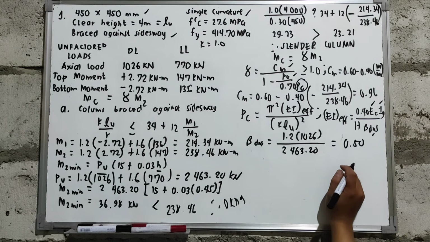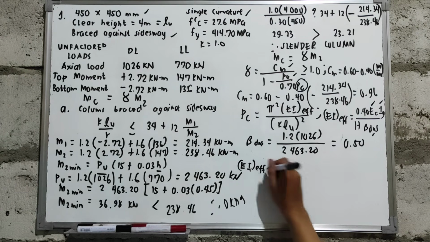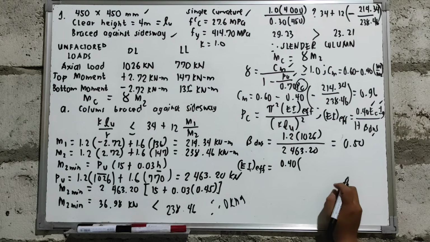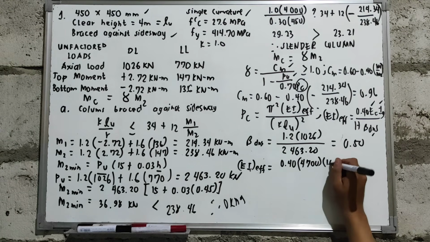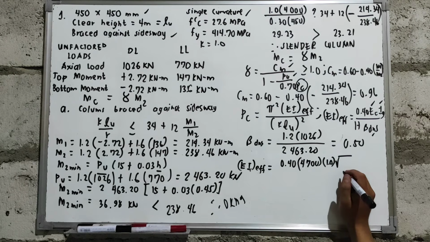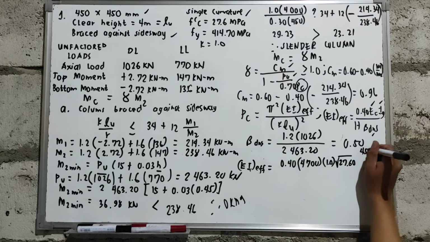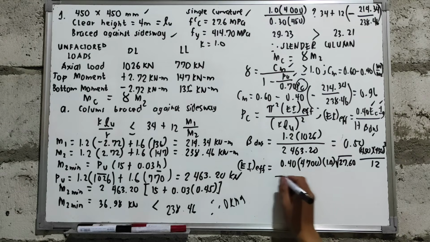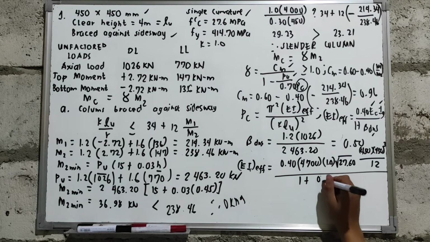So kung meron tayong value ng creep factor, we can now calculate for the value of your flexural rigidity effective, which is equal to 0.4. Yung modulus of elasticity ng concrete natin, which is equal to 4,700 multiplied by the square root of f prime c natin na 27.16 multiplied by yung gross inertia natin, so that is BH cubed over 12 over 1 plus yung creep factor natin, which is equal to 0.15.